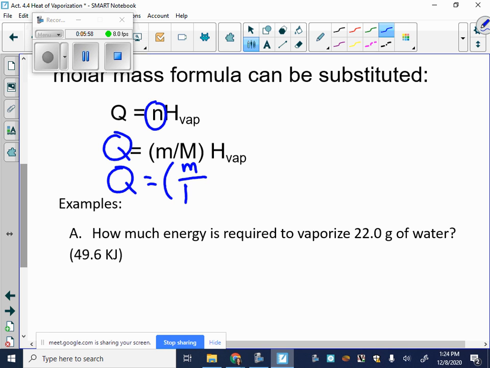Mass divided by molar mass times HVAP. There, that looks better. This way we can plug all of our units into our calculator with one equation, and we eliminate one step.